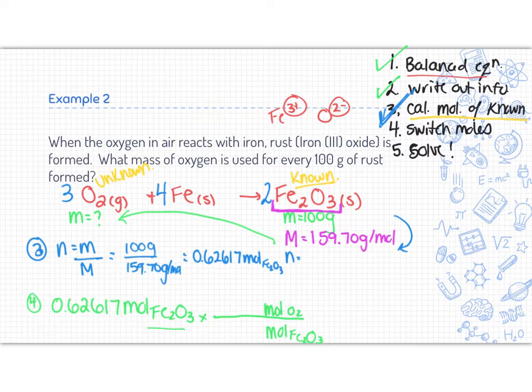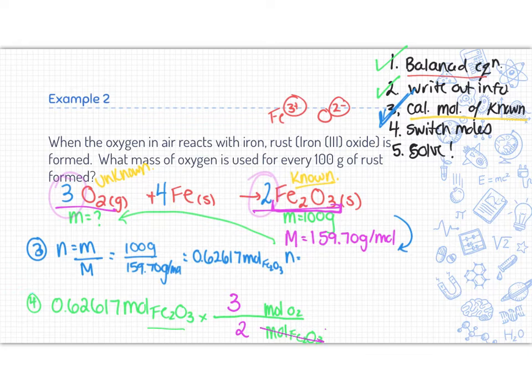Now, every time we go to fill this in, we are looking at the coefficients of the balanced equation. So I know that it took 3 moles of oxygen to make 2 moles of iron 3 oxide. Notice that I put the coefficient where I put the compound, okay, in the mole ratio.